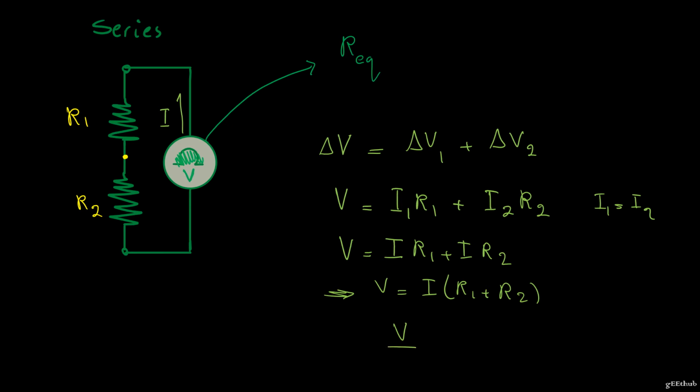My V over I, which is equal to R equivalent, is going to be R1 plus R2. So series resistors simply add their resistances together.